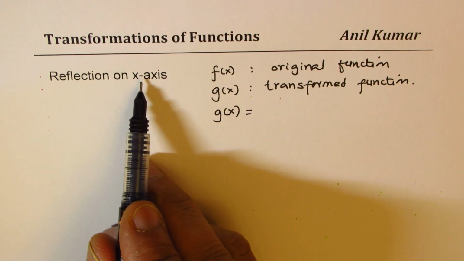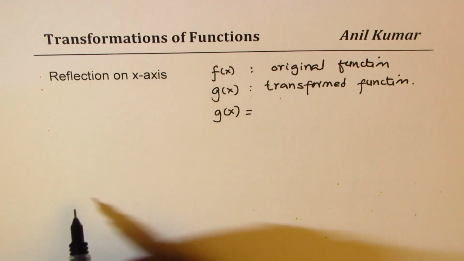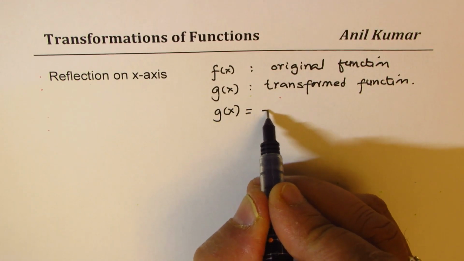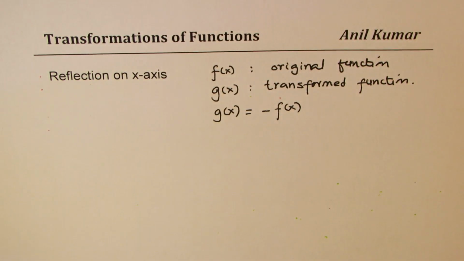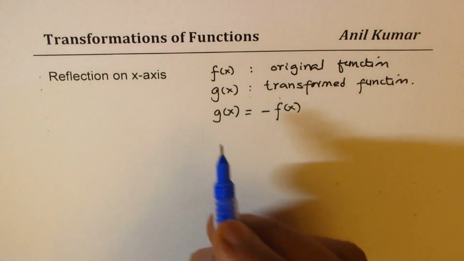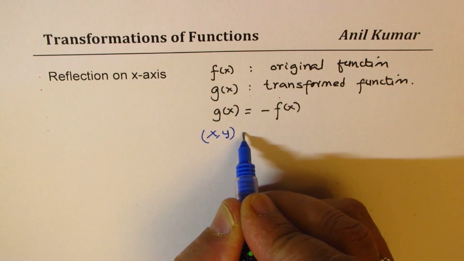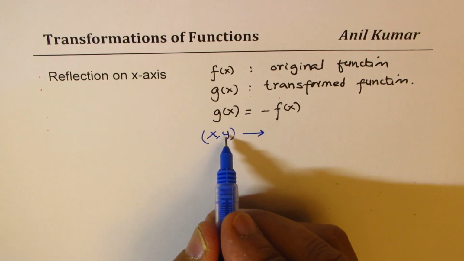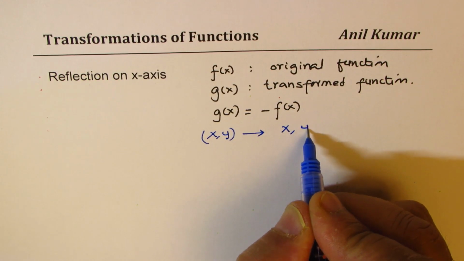Reflection on x-axis means the y value becomes negative, or the y value changes sign. Now if that is the change, then the points will change from (x, y) to (x, negative y).